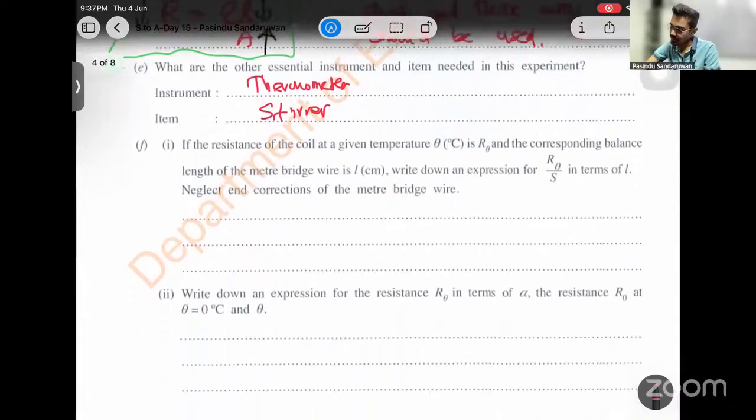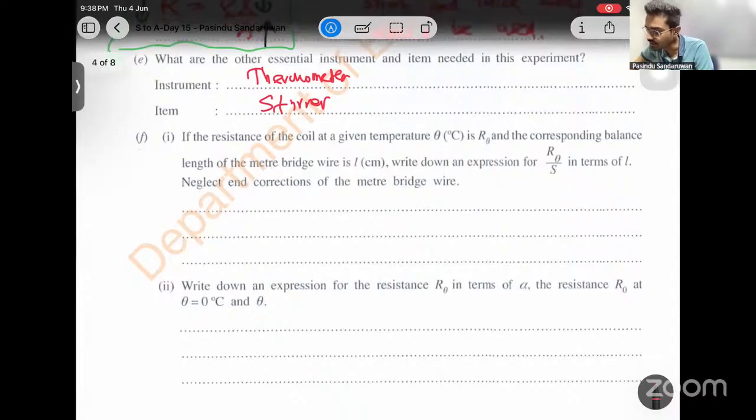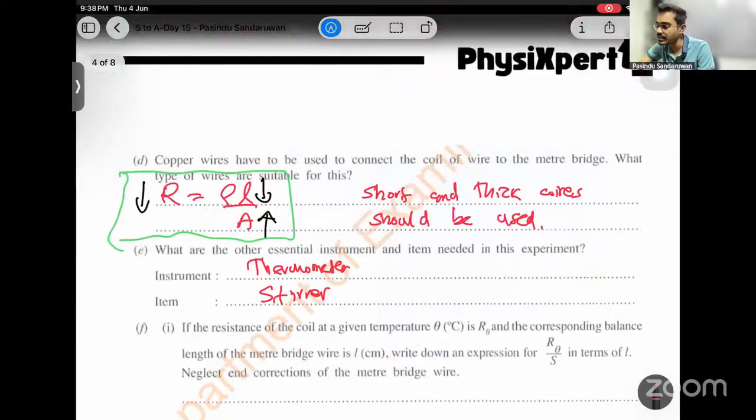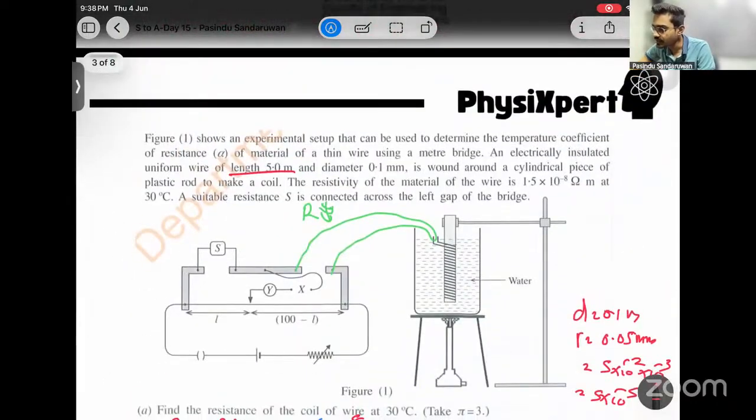Next, if the resistance of the coil at a given temperature theta degrees Celsius is R theta, and the corresponding balance length of the meter bridge wire is L centimeters, write down an expression for R theta in terms of L. Neglect the end corrections of the meter bridge wire. The resistance of the coil is R theta.